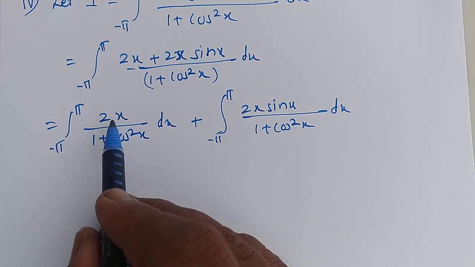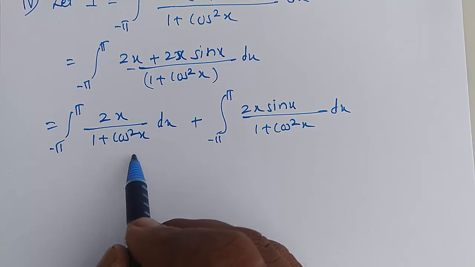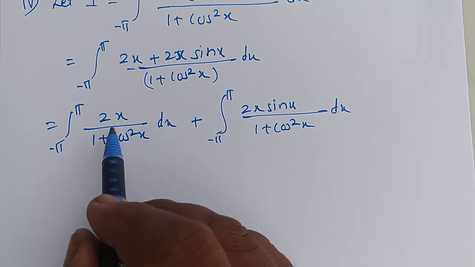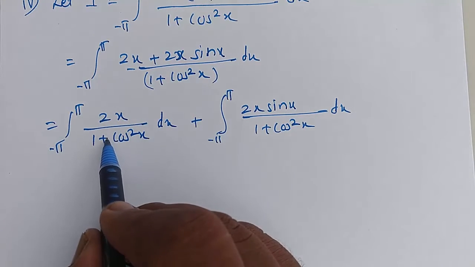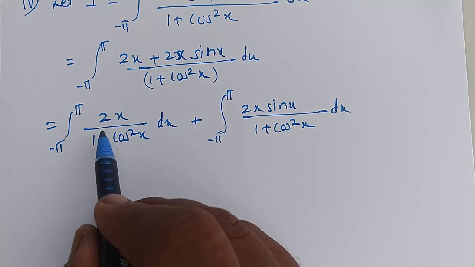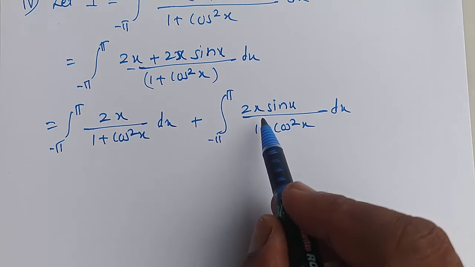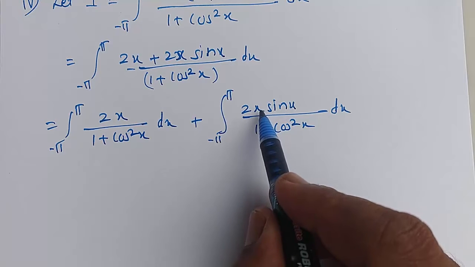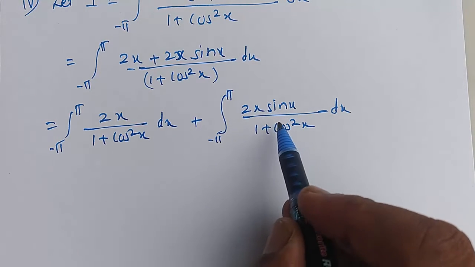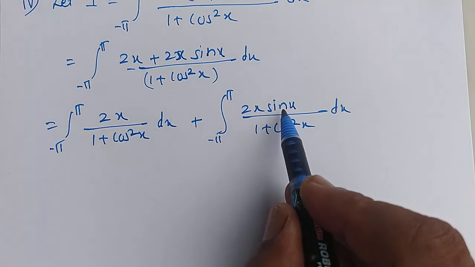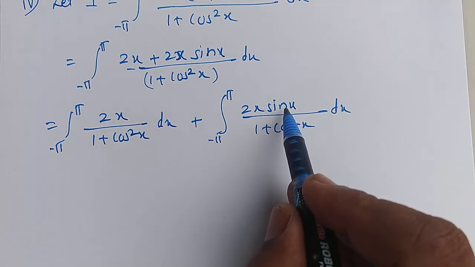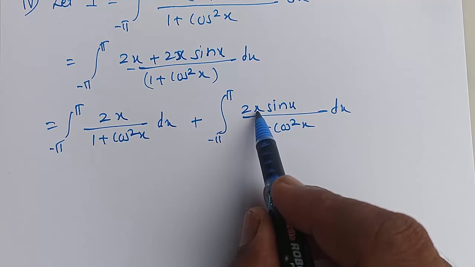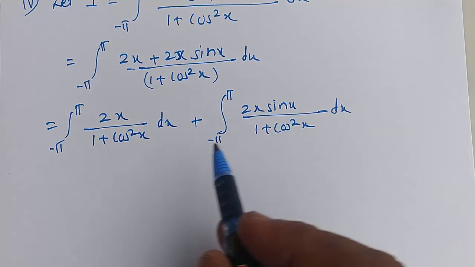Now if we replace x by minus x in the first integrand, it changes into minus. If we replace x by minus x in the next integrand, it does not change, because sine of minus x is minus sine x, and x is replaced by minus x, so minus minus become plus.